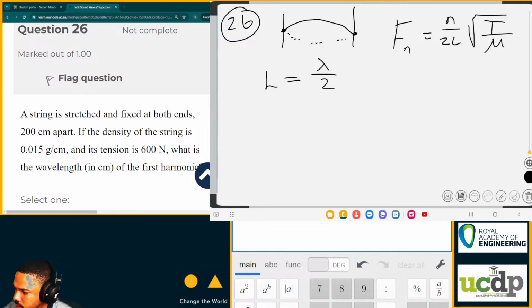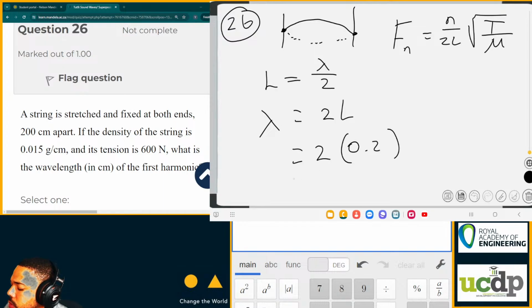Okay, and if that L is equal to the wavelength over 2, that means that the wavelength is equal to 2 times L. So if we multiply 2 times the length, which in this case is 200 centimeters, or 0.2 meters, you get that it is 0.4 meters.